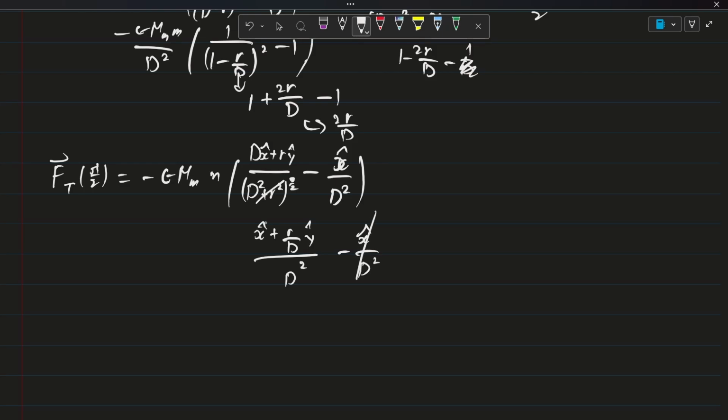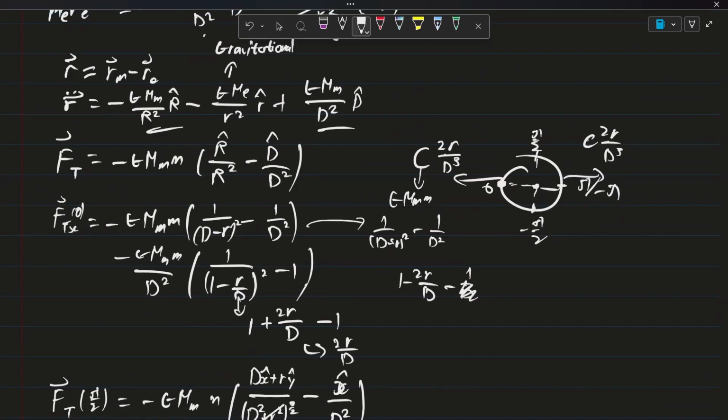And this front side would cancel out. So this would become r over d cubed. So it turns out that in the y direction, it's r over d cubed. And it's pointing inwards. It's negative. So it's constant r over d cubed. Same thing on the other side. It's a force coming inwards, like so.